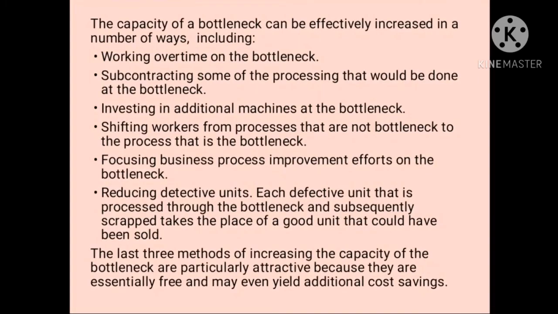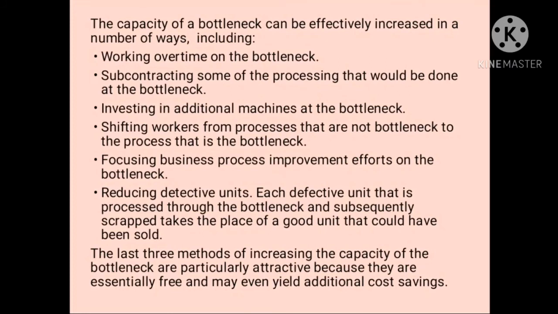The capacity of the bottleneck can be effectively increased in a number of ways, including working overtime on the bottleneck, subcontracting some of the processing that would be done at the bottleneck, investing in additional machines at the bottleneck, shifting workers from processes that are not the bottleneck to the process that is the bottleneck, focusing business process improvement efforts on the bottleneck, and reducing defective units.